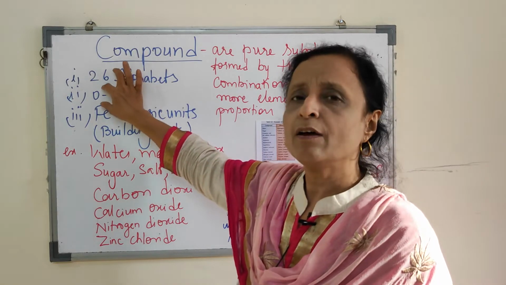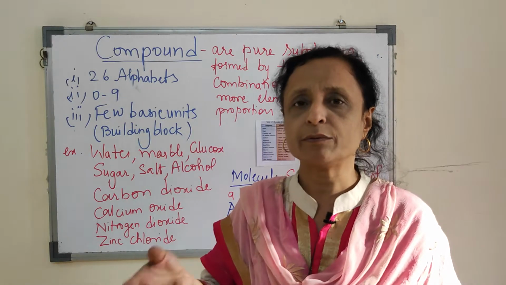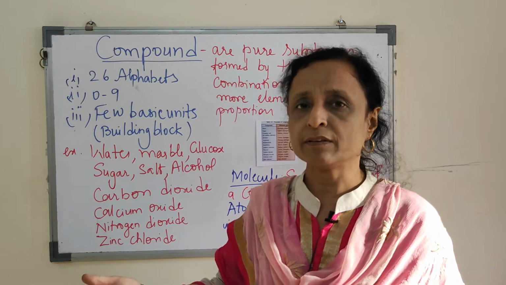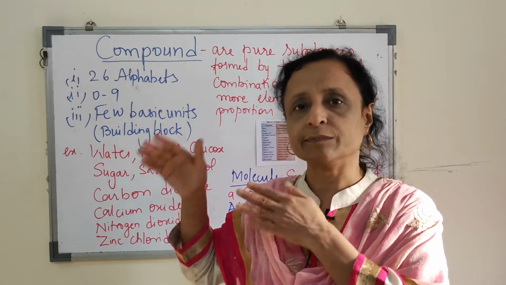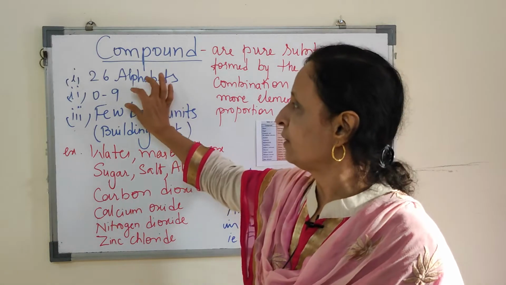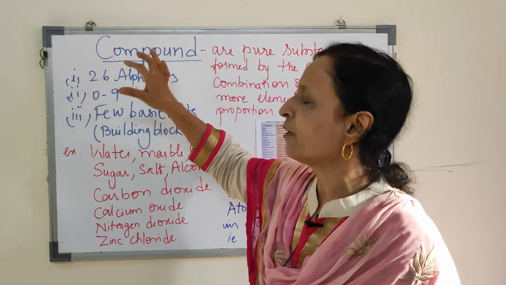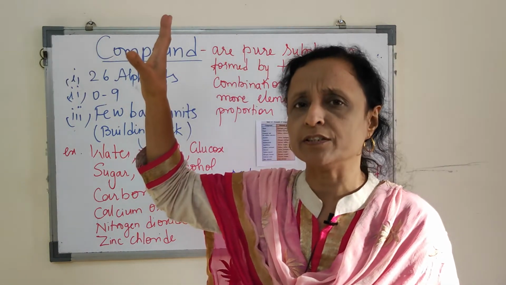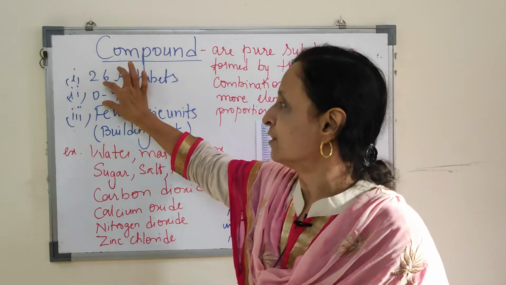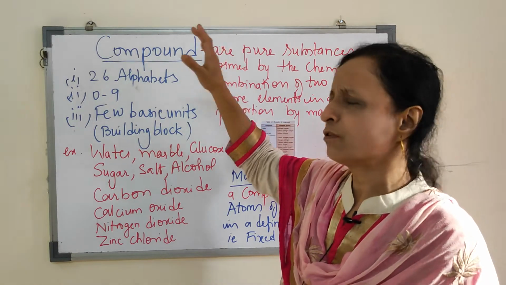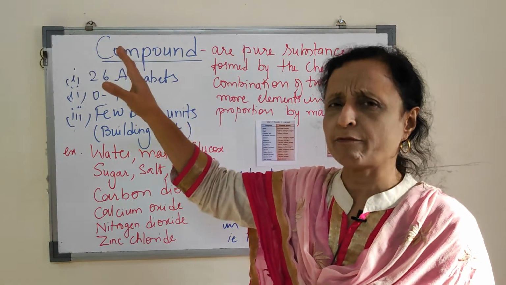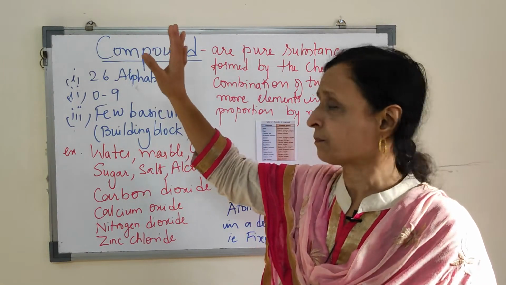And same way, from 0 to 9, 1, 2, 3, 4, 5, 6, 7, 11, 21, 31. So with these 0 to 9 numbers, you can form number of digits. Same way for the compounds also, with number of elements, you can form number of compounds.